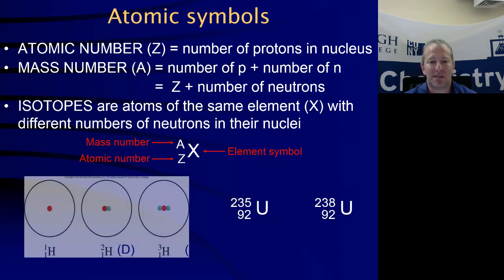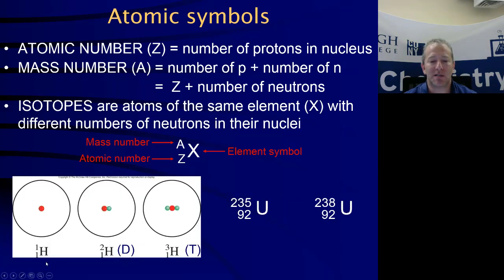Okay, just another example. Here are some common isotopes of hydrogen. This is regular old hydrogen. Most of the hydrogen in the universe is hydrogen 1, with 1 proton, atomic number 1, no neutrons, because its mass number is also 1.